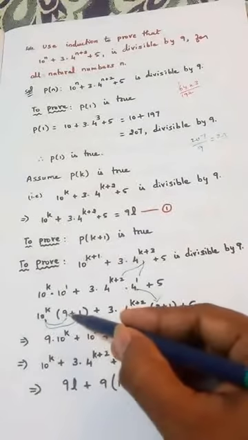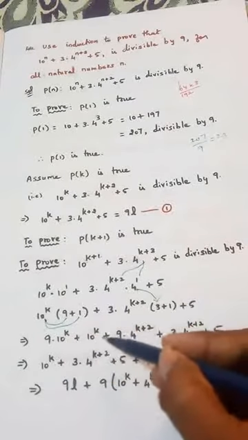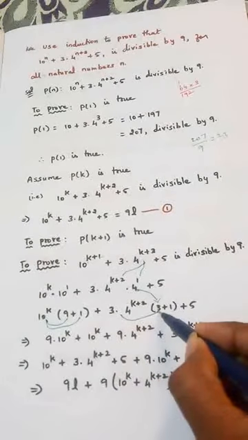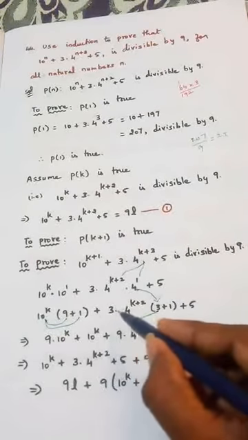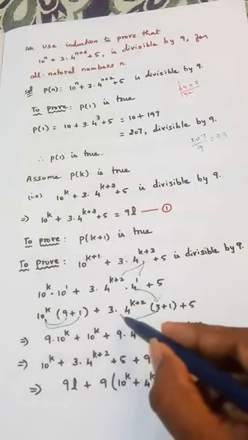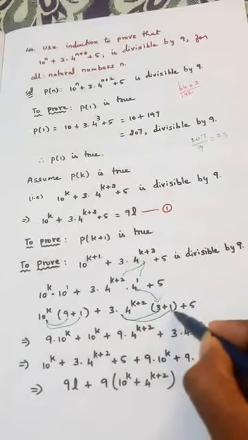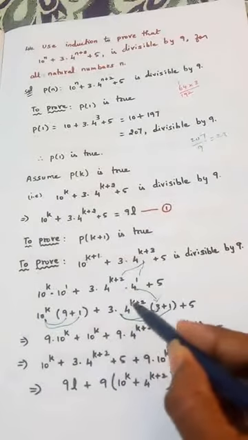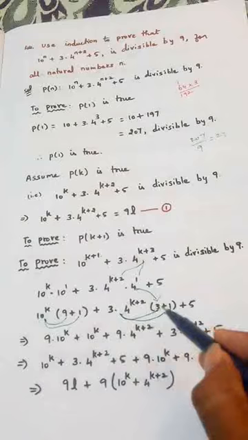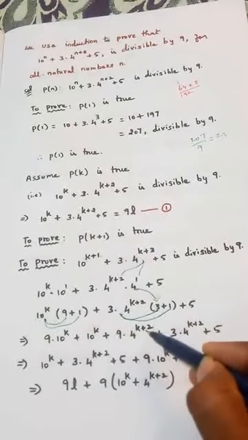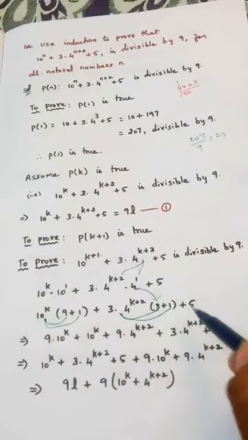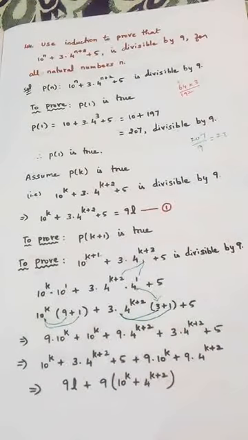Then 3 into 3, 9 into 4 power k plus 2, and the 1 becomes plus 3 into 4 power k plus 2, plus 5. So you should understand the concept, otherwise it is difficult. I am slowly telling you how I am multiplying.